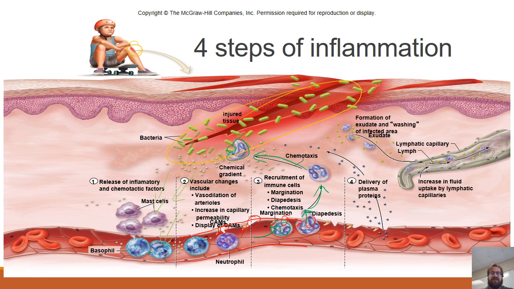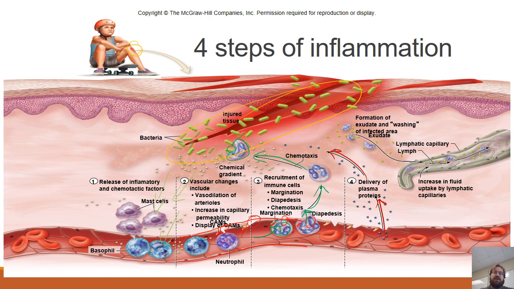Finally, we have this situation where plasma proteins start getting delivered to the scene. Remember, plasma proteins include lots of different things. They include antibodies, they include carrier molecules, but they also include clotting factors and fibrinogen.